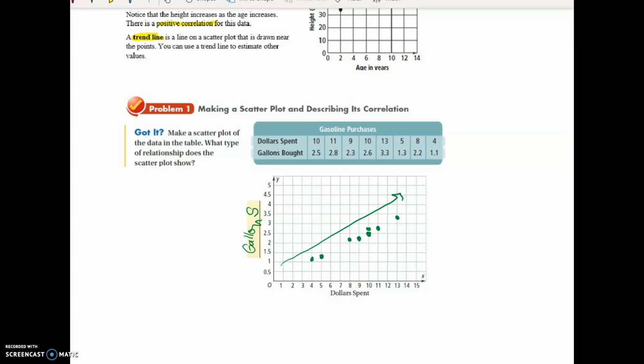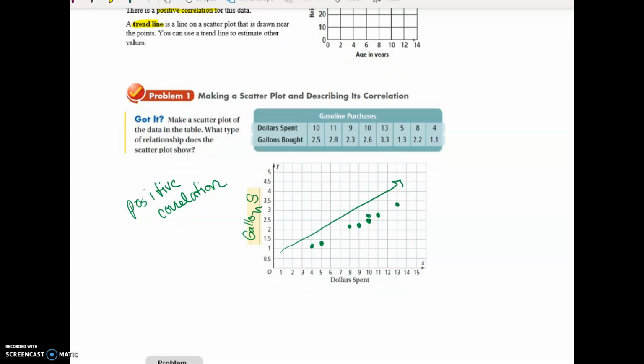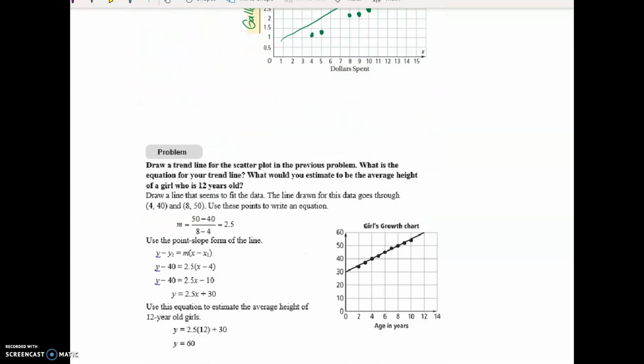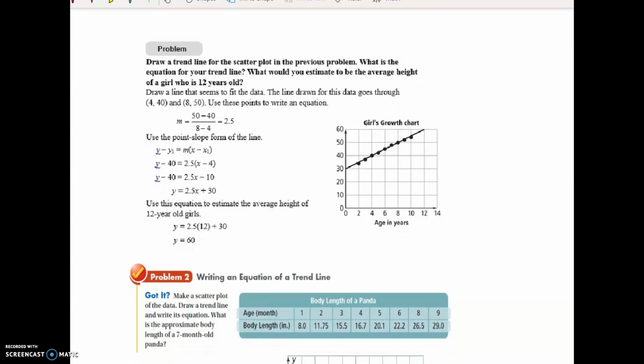So because it follows that general pattern, we would say this has a positive correlation. So just looking at that general trend there in number 1. So let's go on to another example.